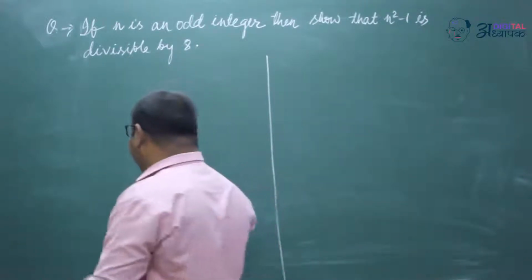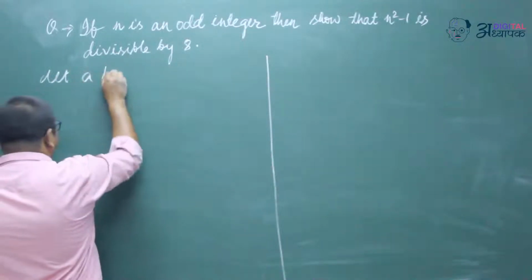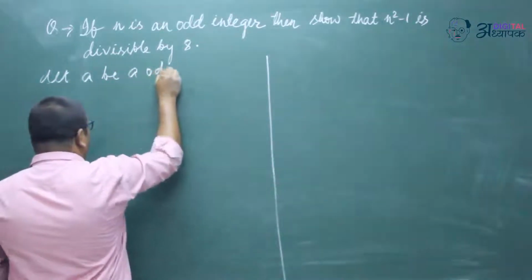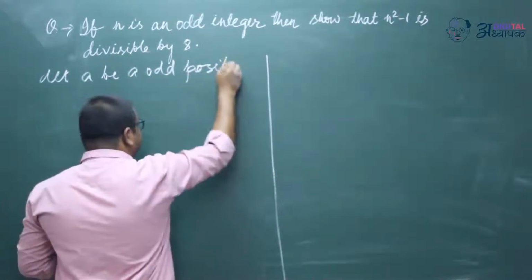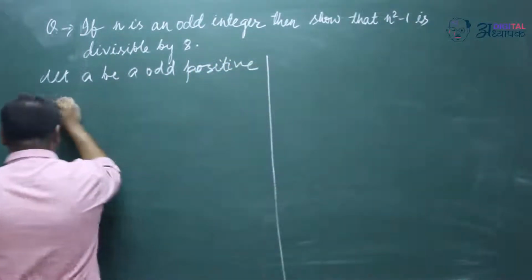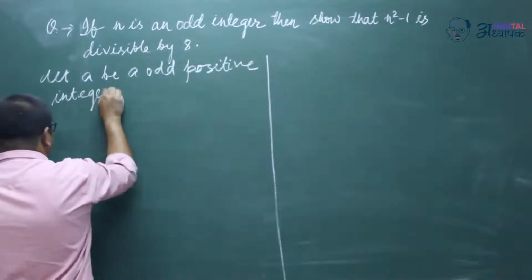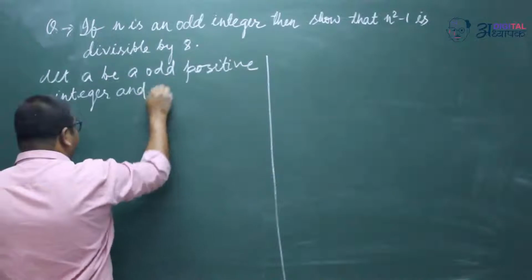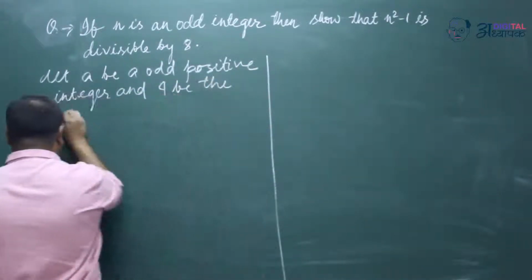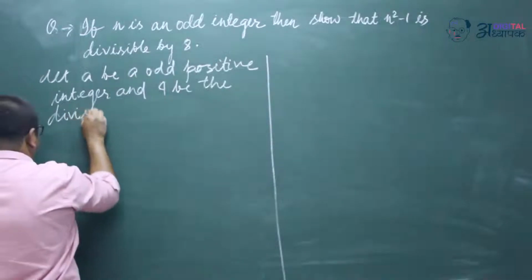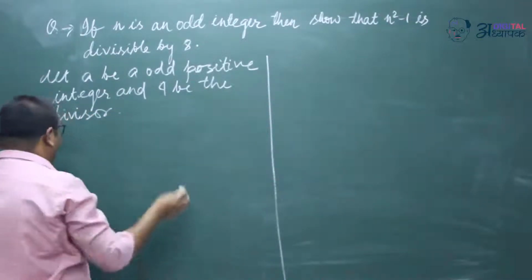So students, we will write: let a be an odd positive integer and 4 be the divisor. So if 4 is the divisor, then obviously there are two forms for an odd number.